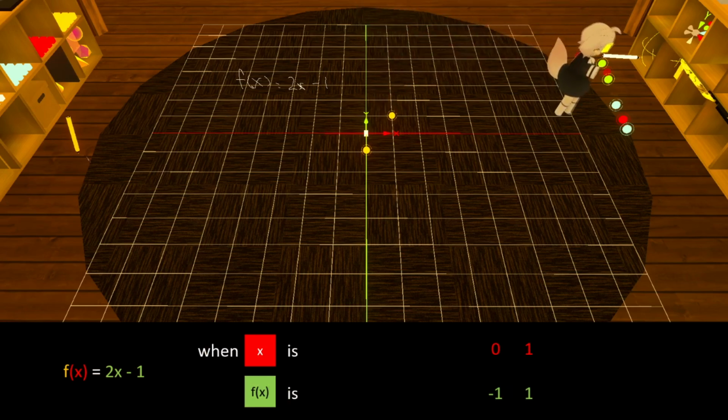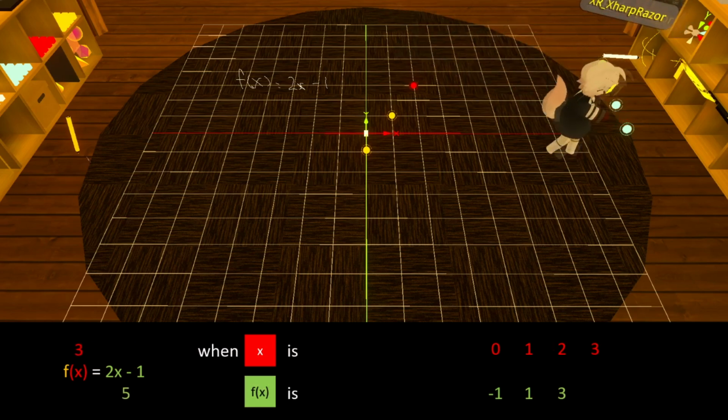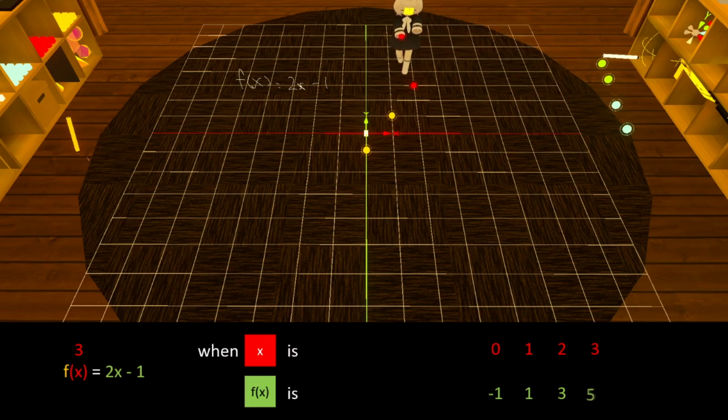And then we can keep on doing this. When x is 2, we know y should be 5. Yep, we're right. And you can keep on doing the same thing again and again.